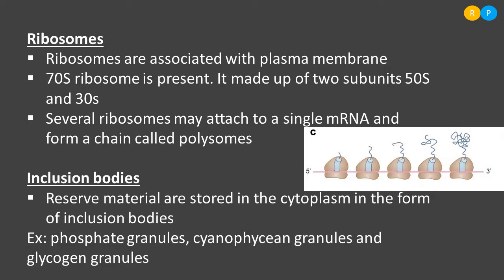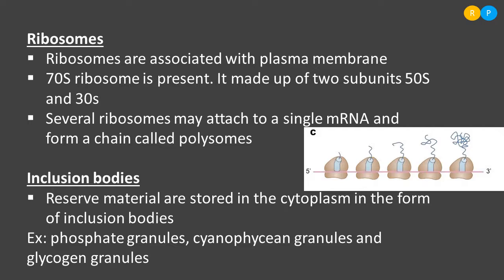Some store the food in the form of phosphate granules, some store it in the form of cyanophycean granules, and some store the food in the form of glycogen granules. So these are a few examples of inclusion bodies in different members of bacteria. Understood? Yes.